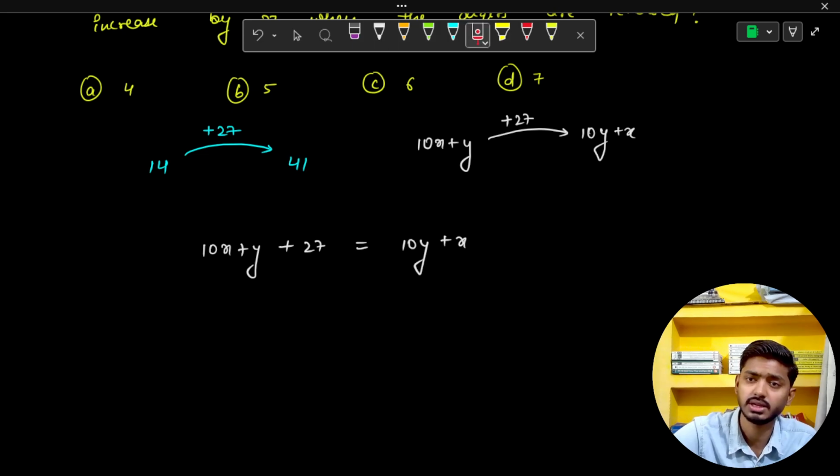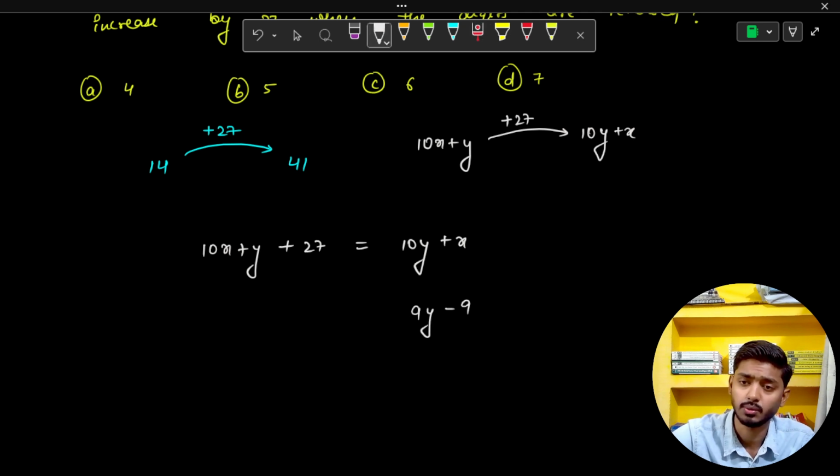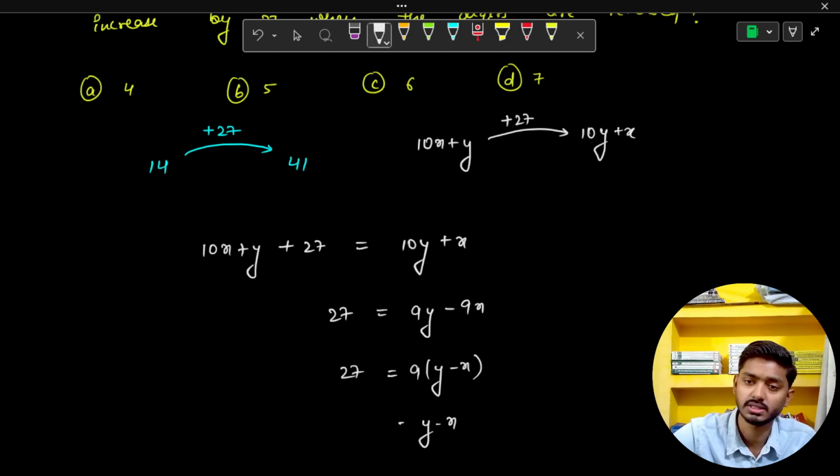I just add 27 to the number to get the number obtained by reversing the digits. If we solve this, we get 9y minus 9x equals 27. Take 9 common, y minus x equals 3.